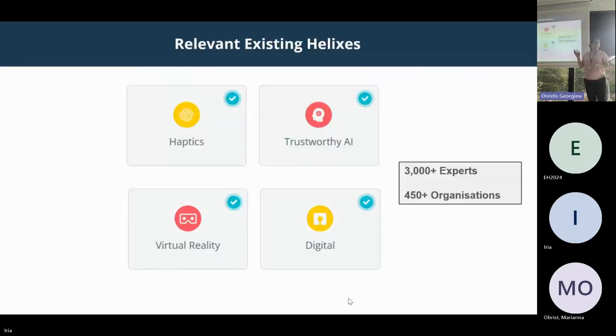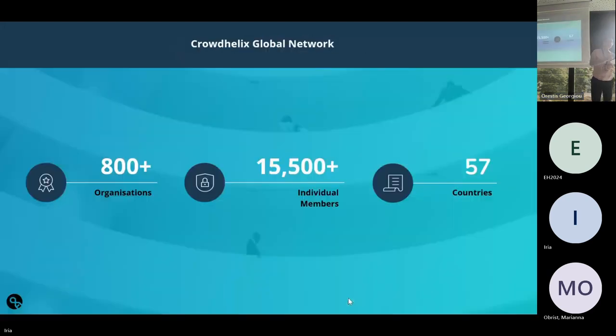Currently, we have these 4 relevant existing helixes: the Haptics Helix, the Trustworthy AI, Virtual Reality, and Digital. All these have more than 3,000 individual experts in total from 450 organizations around the globe. So I'm talking a lot about the network and the organizations. Let me say a bit more about this.